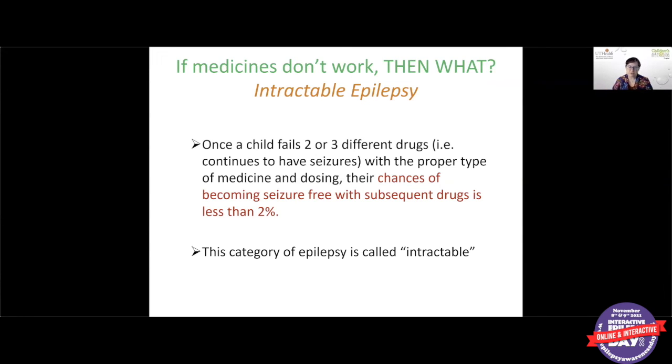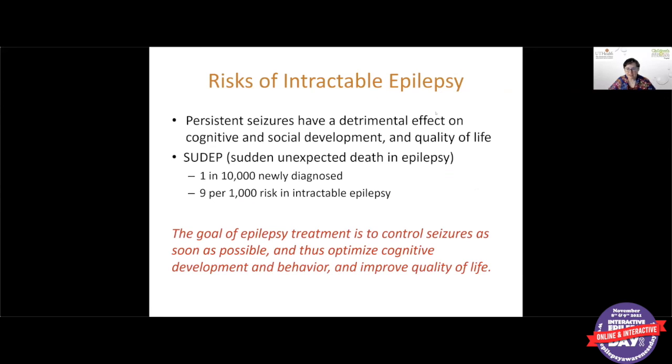So these patients are very important because we want to try to control their seizures, and there are different things that need to be done once 2 or 3 drugs have not worked. And that's a lot of what we do at our epilepsy center in the hospital and in the clinic.